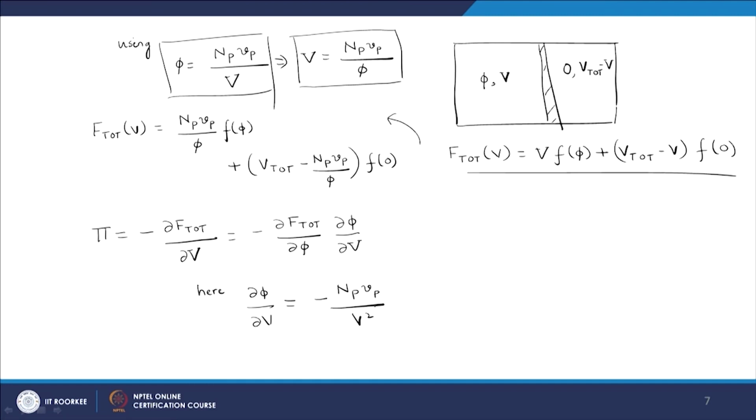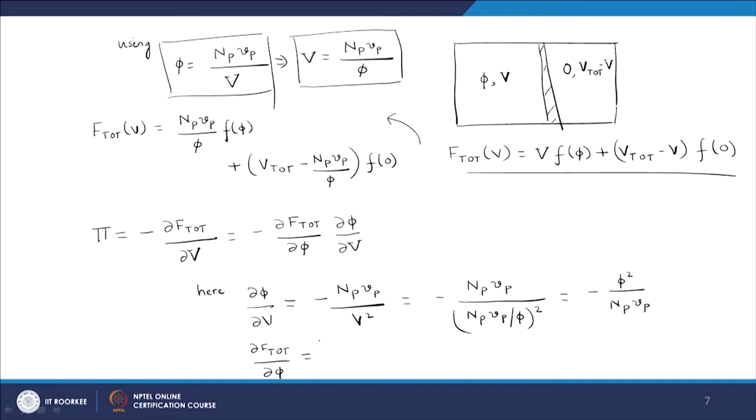which again I can write in terms of phi as the following, which is minus okay. So now, and dou f dot by dou phi using the relation I have just written.